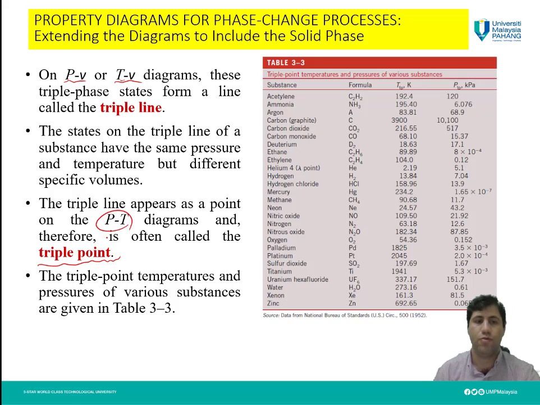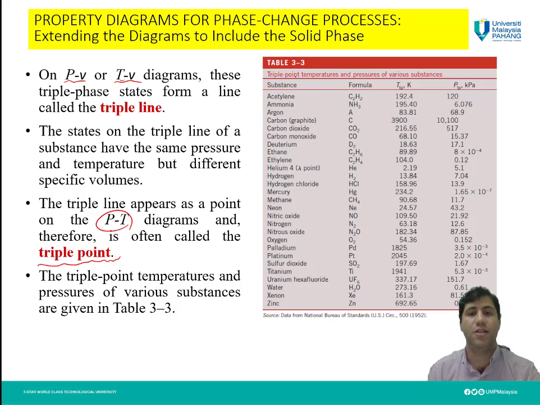I will also show you this PT diagram, especially to find this triple point, which is the point at which we have all of the phases for a substance. The triple point temperature and pressure of various substances are given here in this table.